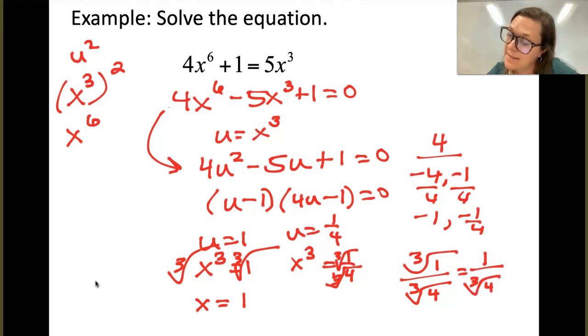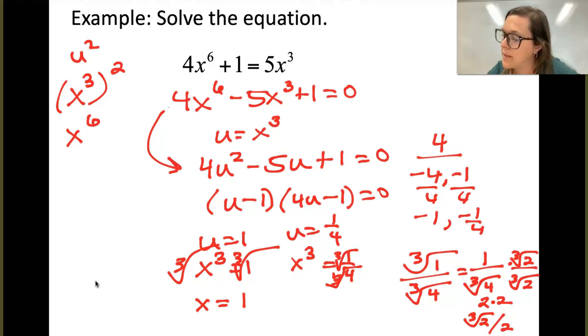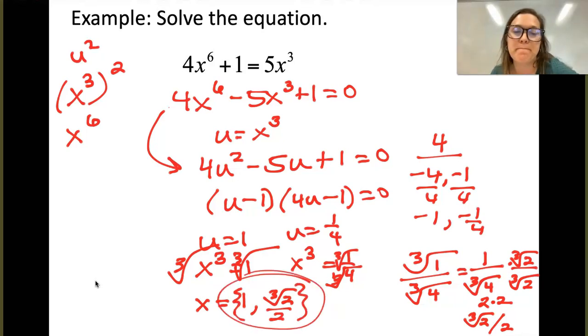Well, 4 technically is the same as 2 times 2. So I already have two 2's. To make it a cube root, I need to add a third 2. So that's going to get me a cube root of 2 in my numerator and a 2 in my denominator. So 1 and cube root of 2 divided by 2 would be my 2 solutions for that one.